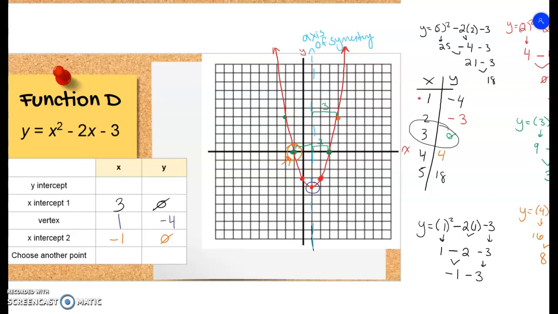And it looks like right about here is where it hits. Oops. This is my y-intercept, which is going to be at 0 for my x, because I didn't move left or right. 1, 2, 3. Negative 3. And if I chose another point, let's do 4, 4. Why not? Okay, so that is our first one there.